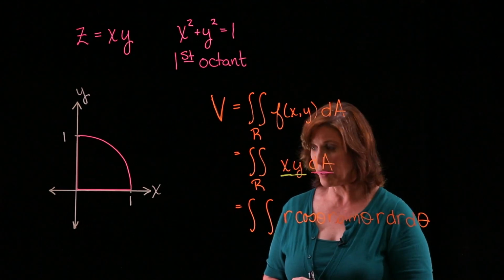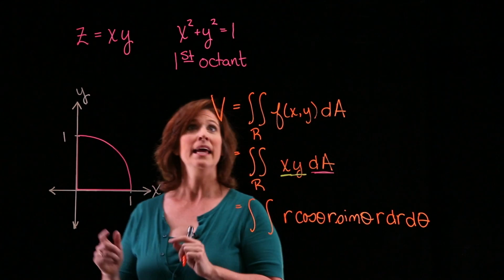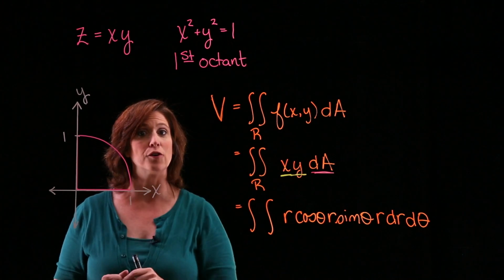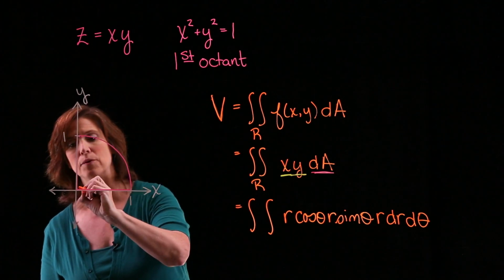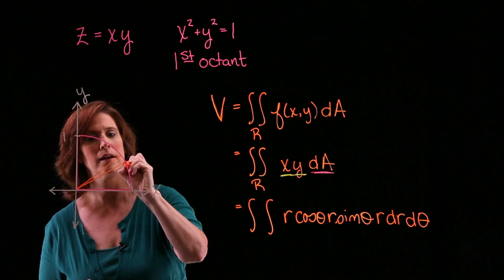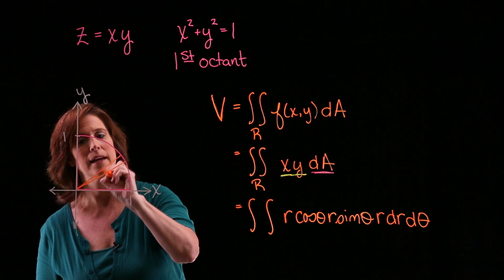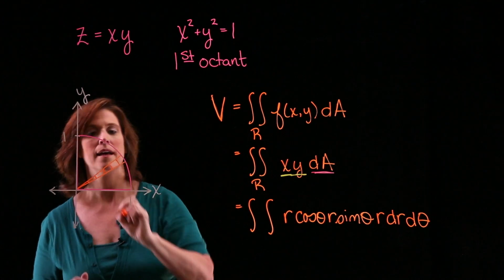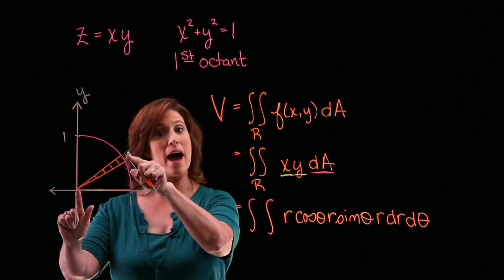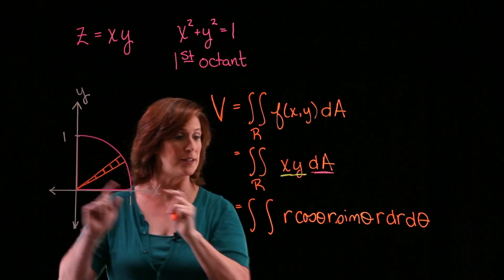So let's go back to that picture that I had. Instead of using either a horizontal or a vertical representative element, I'm going to be using an r-simple technique. So the r values are going to be going from 0 out to 1 because my circle has radius 1.